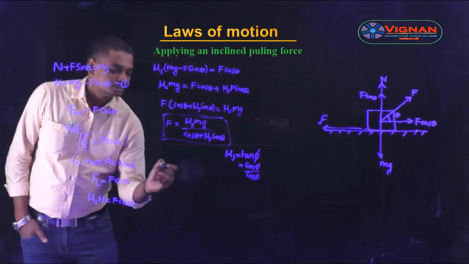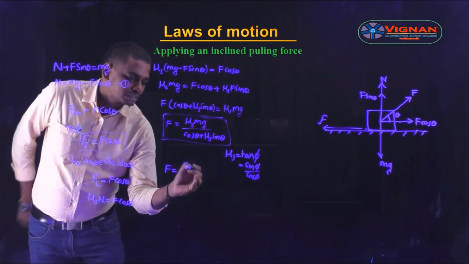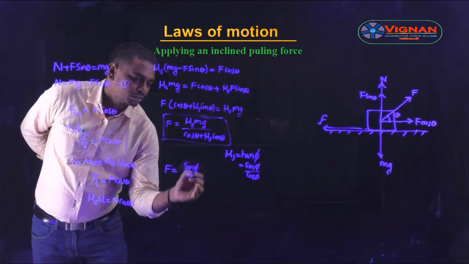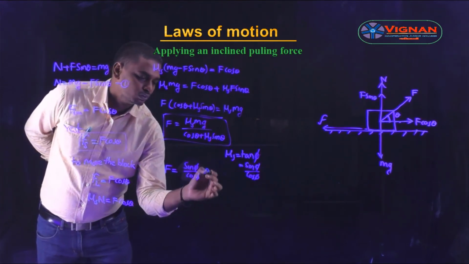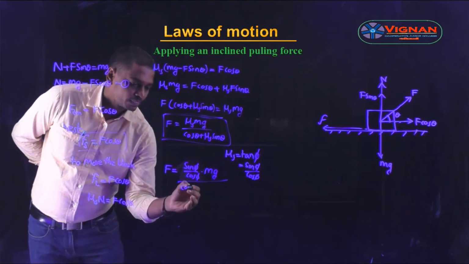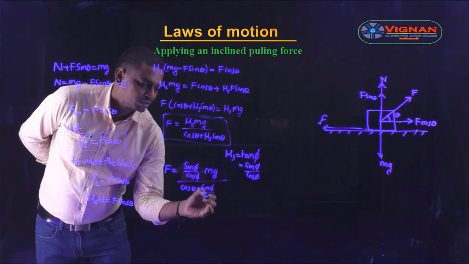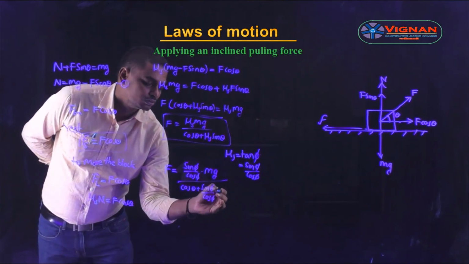Substituting the value in this equation, we get force F is equal to (sin phi by cos phi) into mg divided by (cos theta plus (sin phi by cos phi) into sin theta).